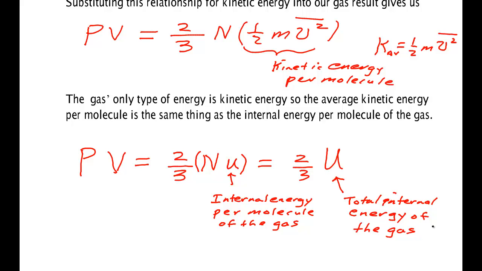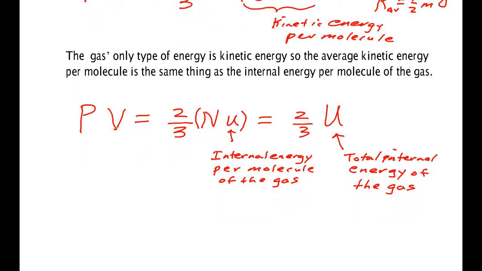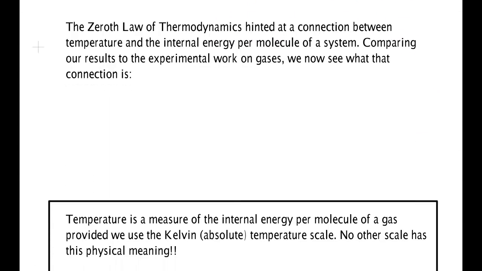Now, what's interesting is we've said earlier that this little u was related in some way, back in the zeroth law of thermodynamics, to the temperature in the Kelvin scale. It also tells us why T has got to be in Kelvin in just a second. I'm going to combine this result with our ideal gas law, which we experimentally found, to find a relation between U and T. So I remind you that we have the following.